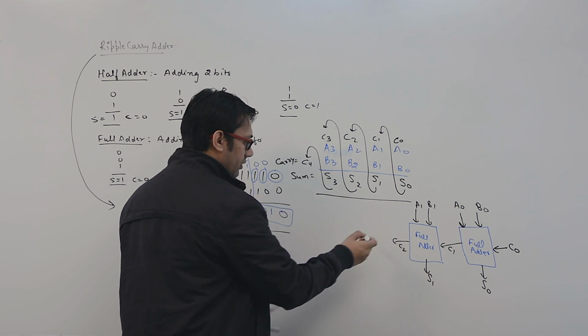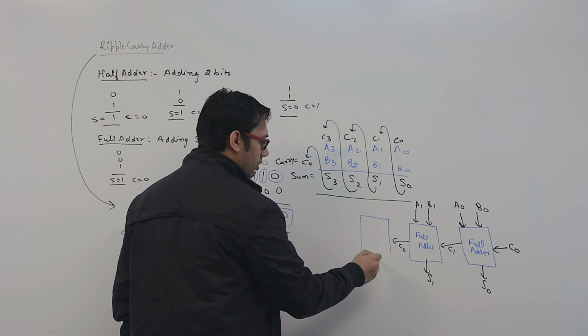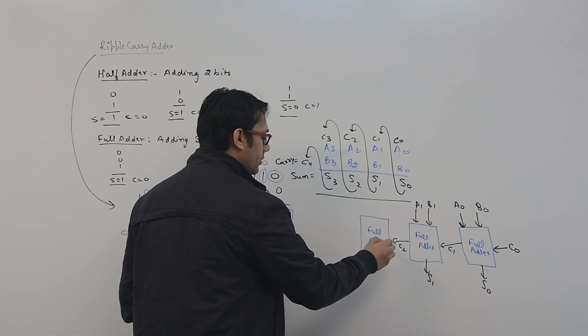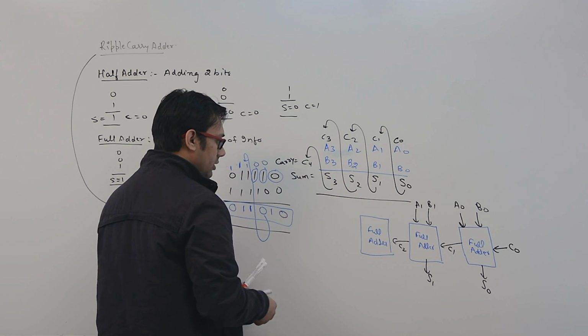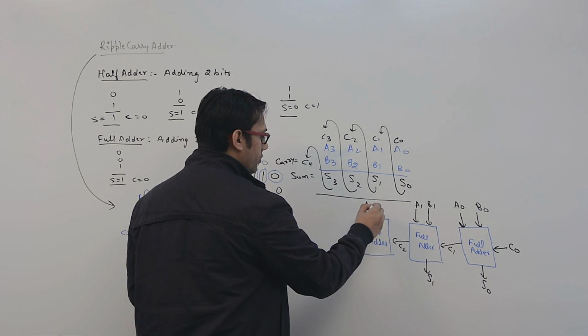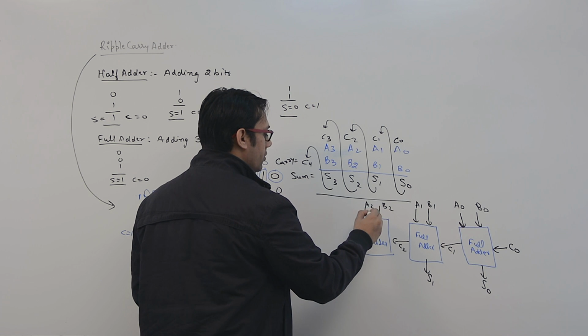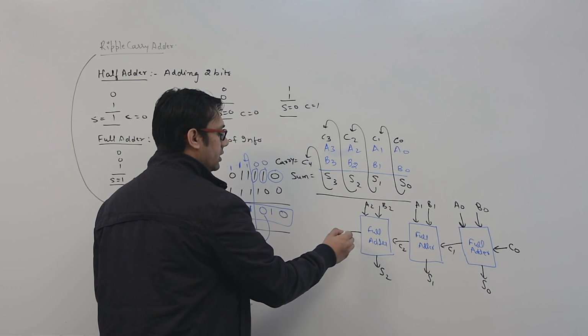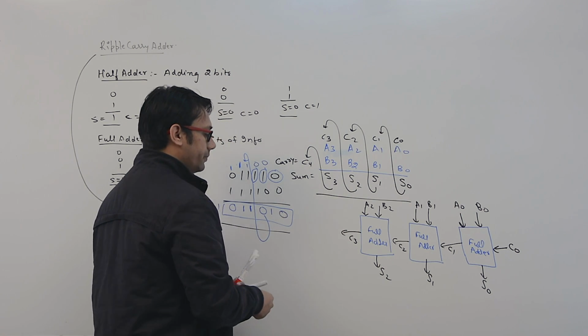Again we are going to use one more full adder. This is a full adder. Now this full adder is going to take A2 and B2 as input. It is going to generate S2 as sum. It is going to get C3 as carry.